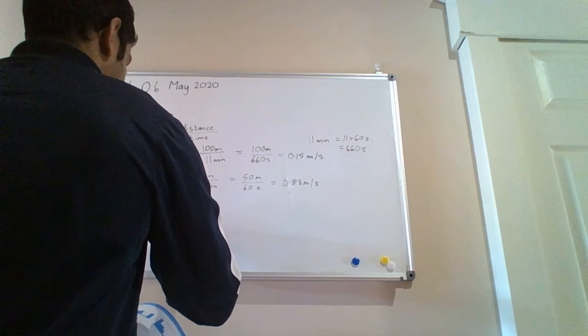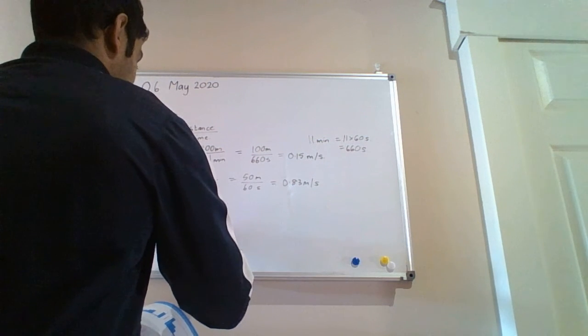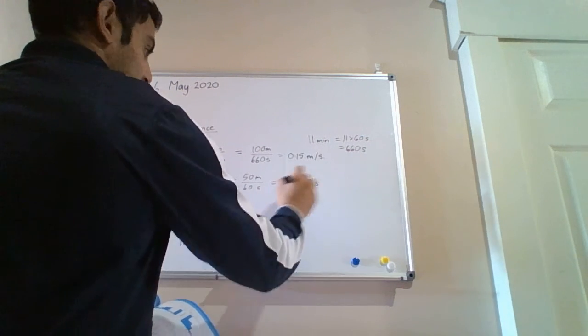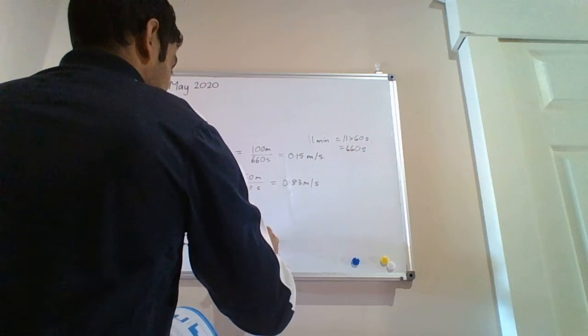So the speed of the hare in the last minute is going to be exactly the same, 50 meters in 1 minute, and that's going to come out again to 0.83 meters per second.